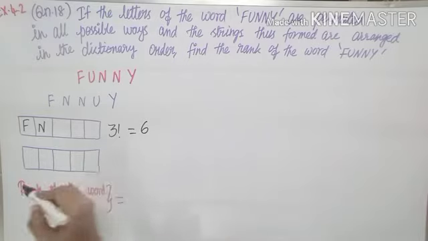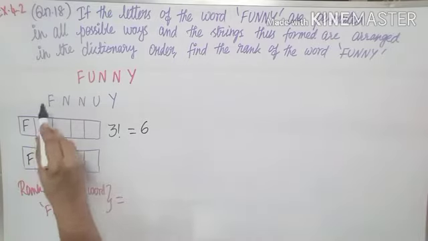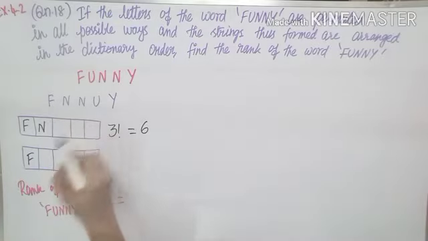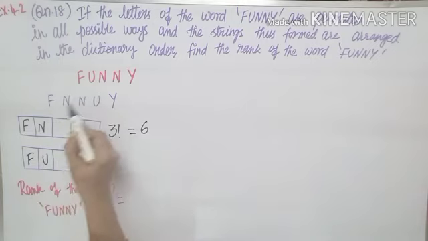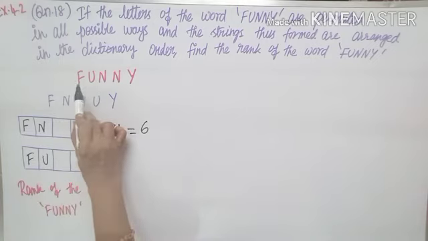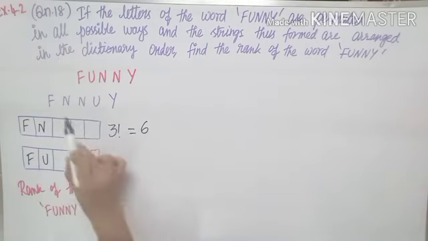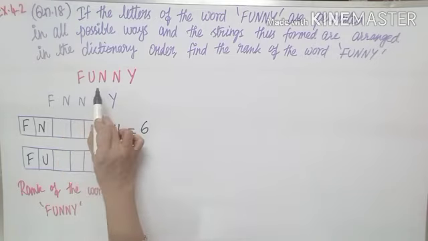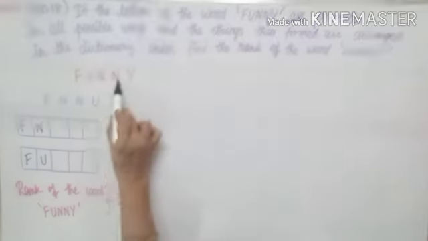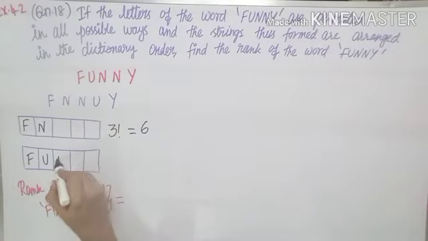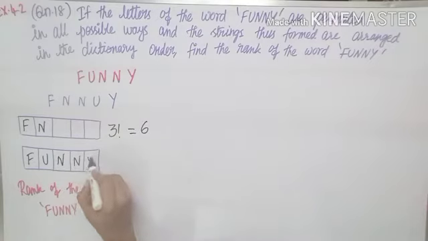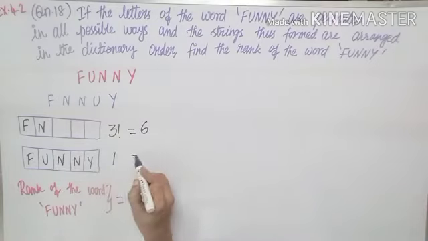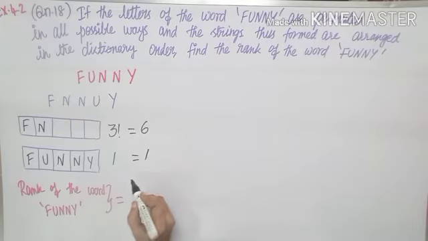The next order, once F and N are over, I go with FU. F and U are over. The question also has FU only. So go on to the next letter N, question also N, again N, Y. So the word itself is formed, which is one way. So we have 1 and the total is 7. So we can say the rank of the word FUNNY is 7.